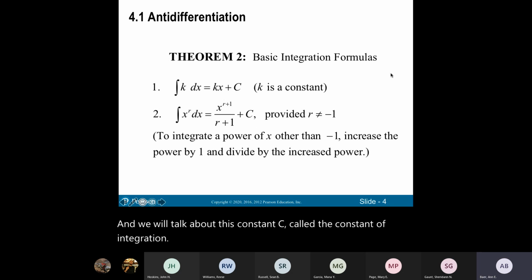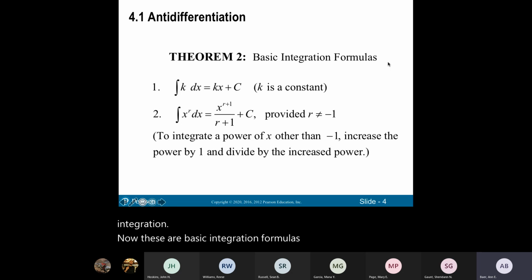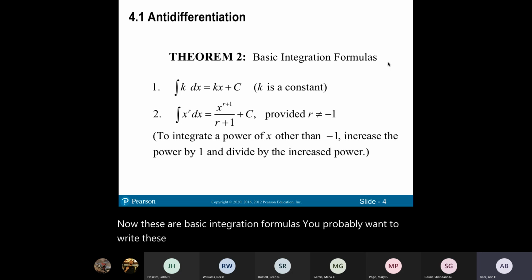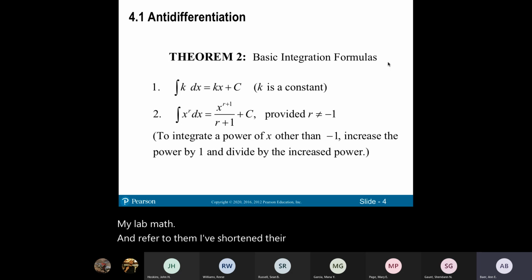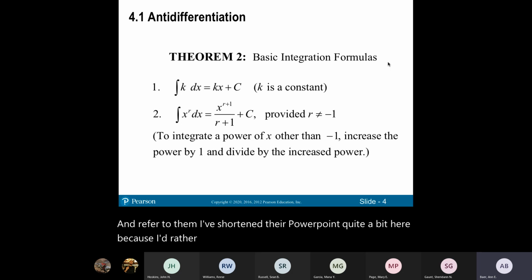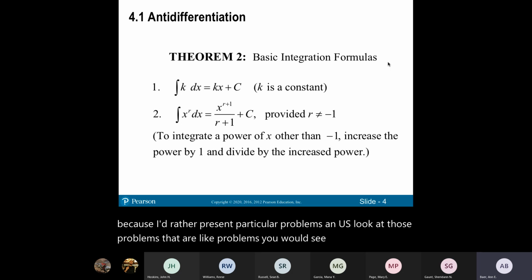Now, these are basic integration formulas. You probably want to write these down or get the PowerPoint in MyLab Math and refer to them. I've shortened their PowerPoint quite a bit because I'd rather present particular problems that are like problems you would see in MyLab Math.